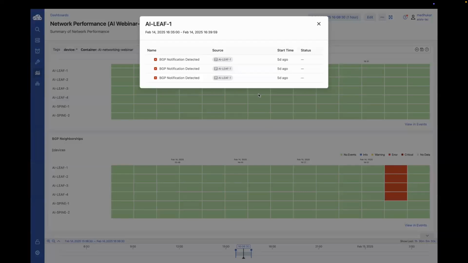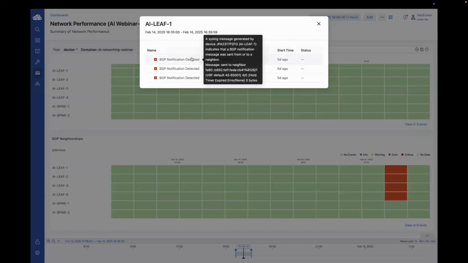And we're going to take AI Leaf 1 as a sample device to check for the BGP events that took place. As we can see here, we observed a BGP notification message, which was sent or received, for an IPv6 peer, and that's been learned over ET26/1.